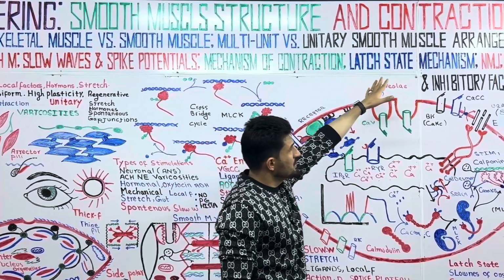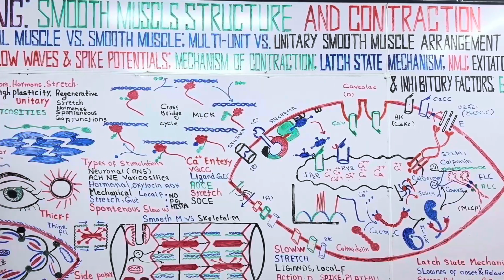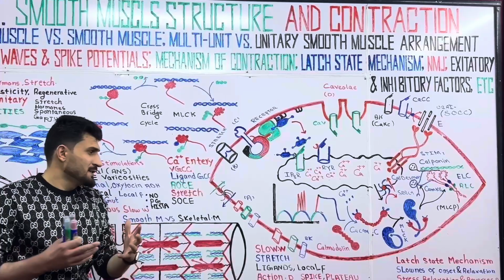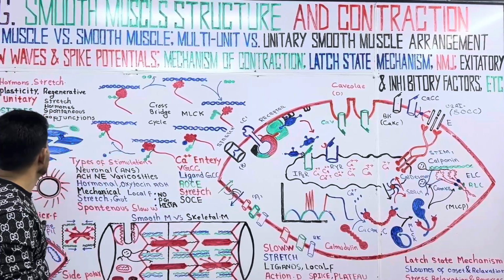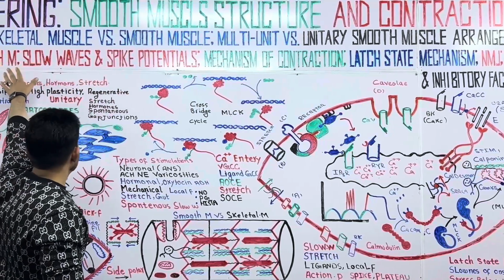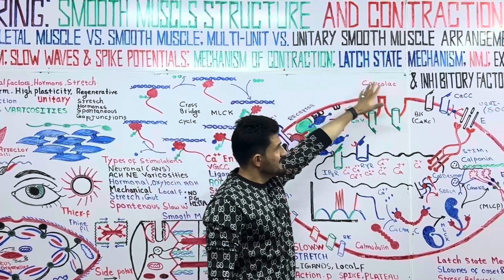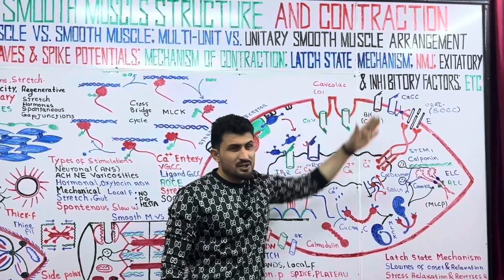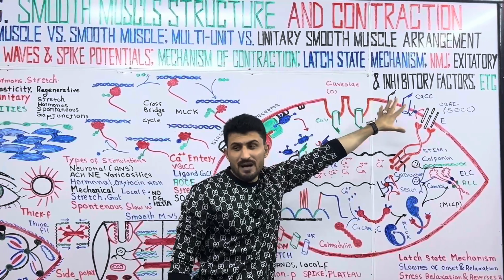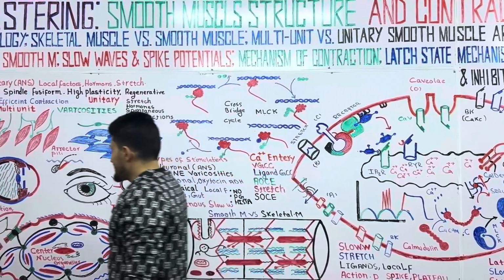We will also talk about its arrangement in our body, and the different types of action potential in smooth muscle, for example spike potentials and slow waves. And we will talk about the latch state mechanism, the neuromuscular junction, and the excitatory and inhibitory factors for smooth muscles. Okay, so now let's dive in.